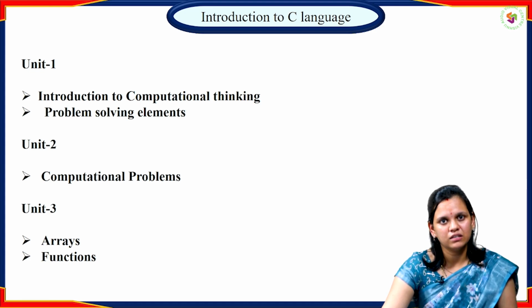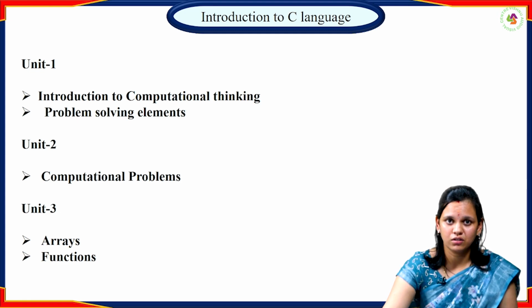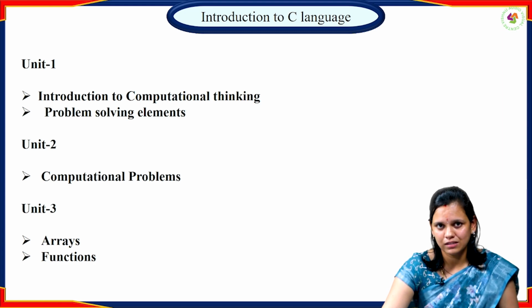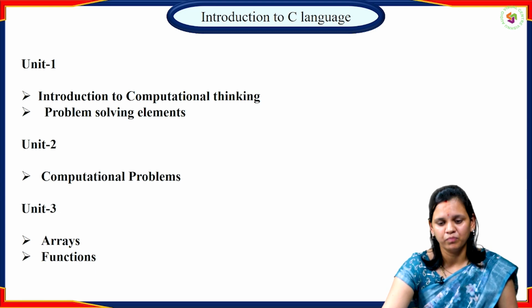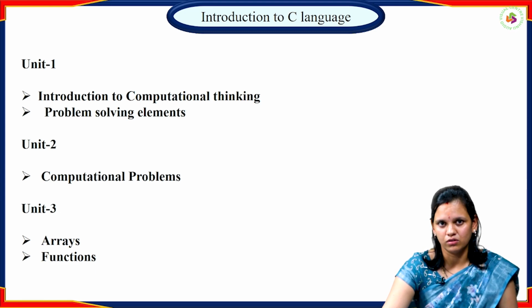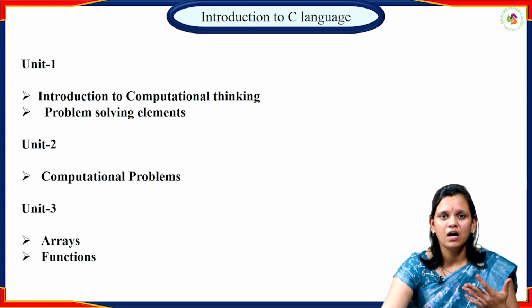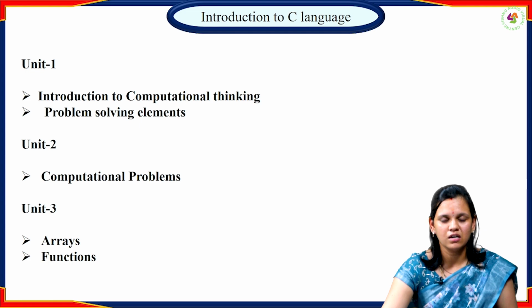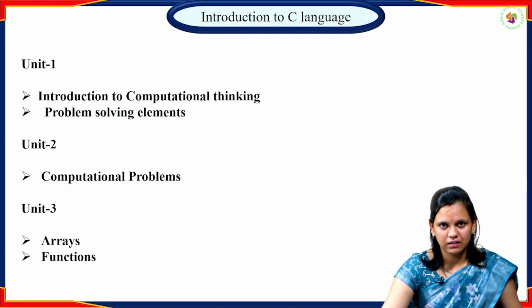There are 4 components in computational thinking: decomposition, pattern recognition, abstraction, and algorithm. We'll have a brief description of all these components, and we'll see the advantages of computational thinking in this topic also. Advantages like debugging, how to create a program, experimenting, and the perseverance of computational thinking will also be studied in this topic.